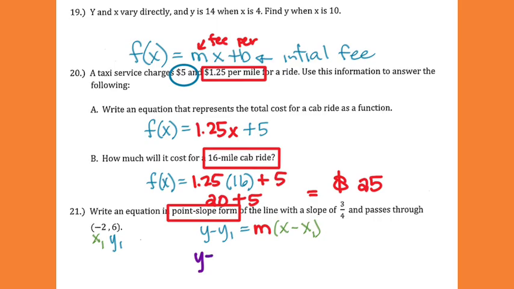So I know that y minus my y1, which is 6, equals my slope, which is 3/4, times x minus x1, which happens to be a negative 2, right? So I have to address that negative 2. So I would rewrite my equation: y minus 6 equals 3/4 times x plus 2. And this would be in point slope form.